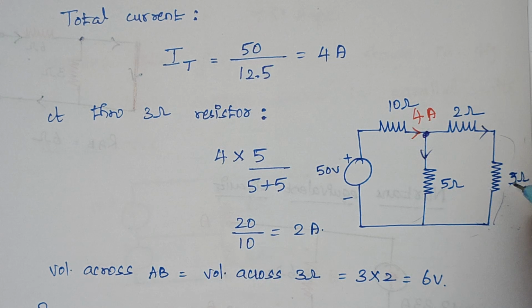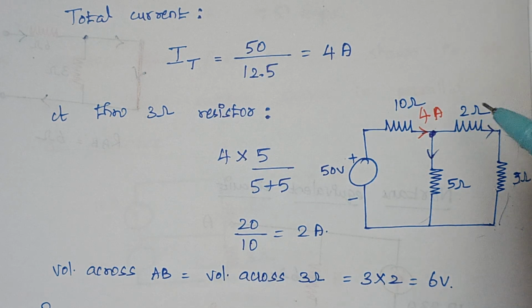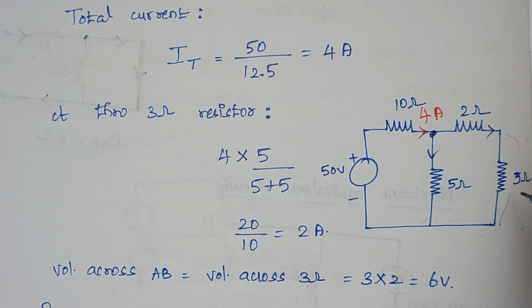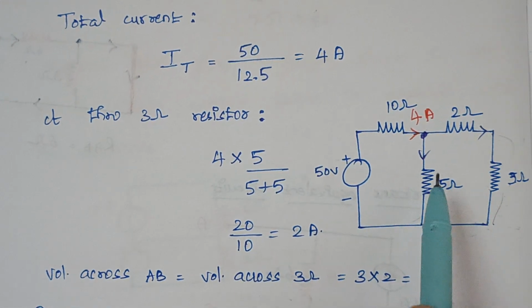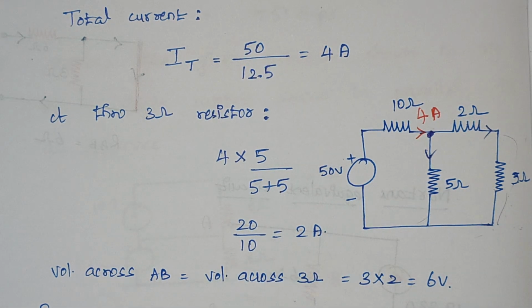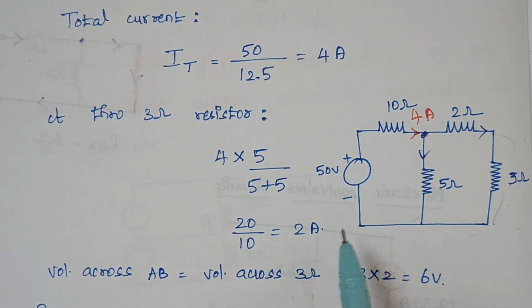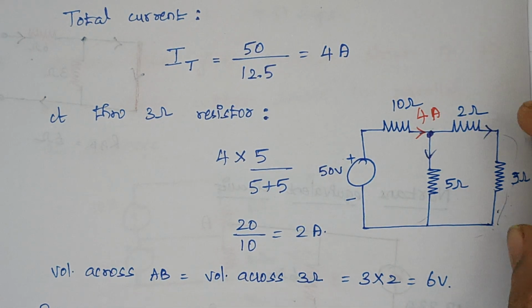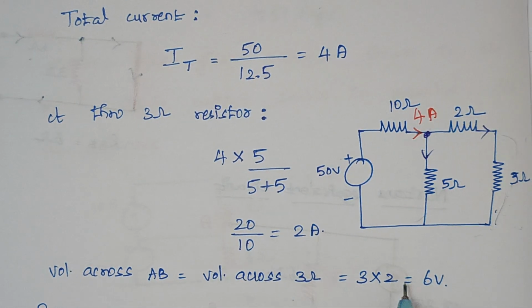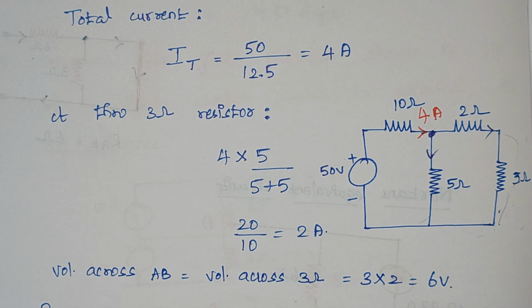And this 3 ohm forms a part of the 5 ohm because 2 plus 3 gives 5, right? That's it. So total current into opposite resistance divided by total resistance gives the answer as 2 amps. So the current flowing through this part is 2 amps. So the voltage across this 3 ohm is 2 into 3, that gives 6 volts, right?